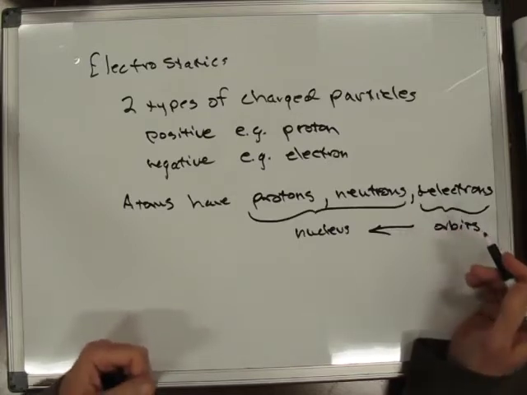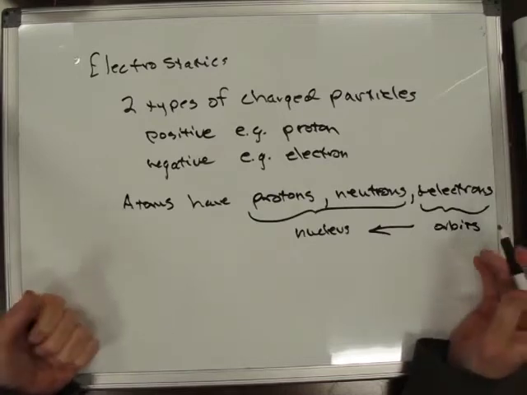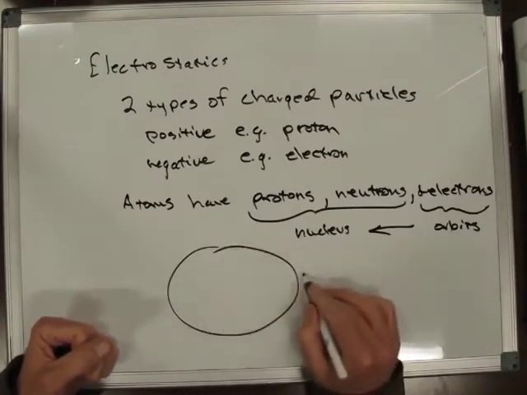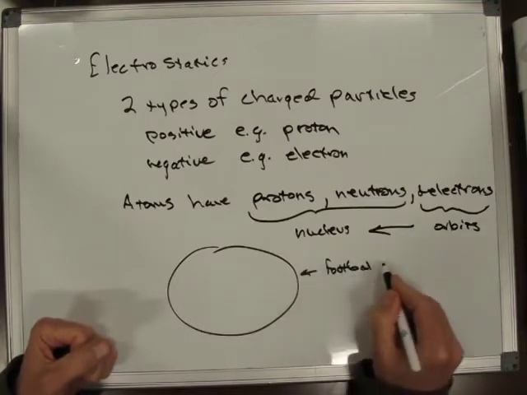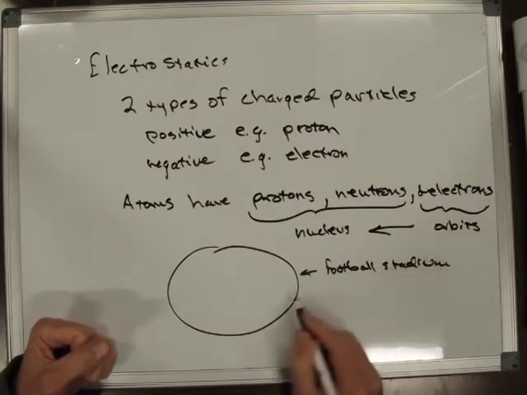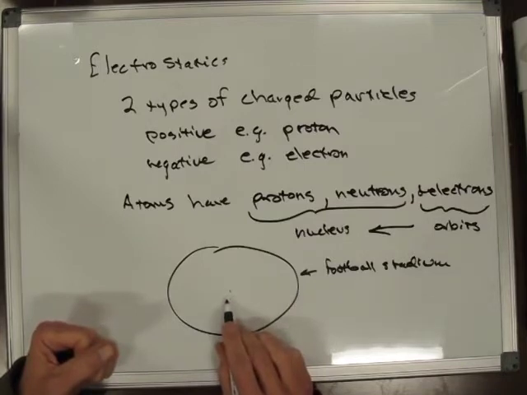A typical example is if you blew the atom up to the size of a football stadium, so this is a football stadium. The nucleus would be the size of a pencil eraser or something like that in the center.